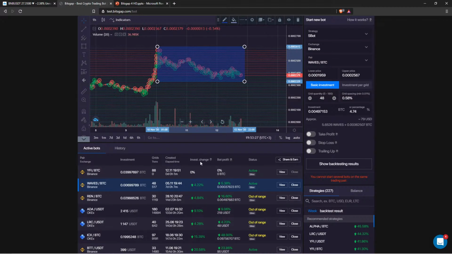So investment change, it not only takes into account the bot profit, but the value change of the base currency in this case.